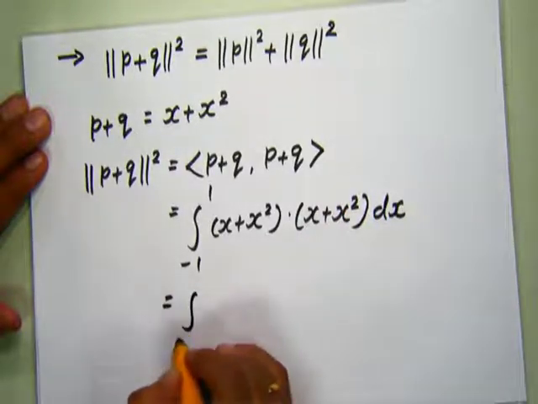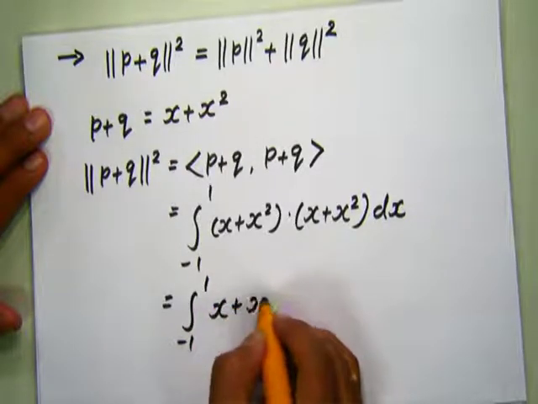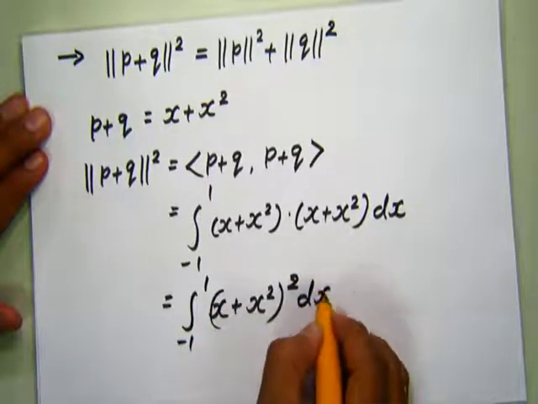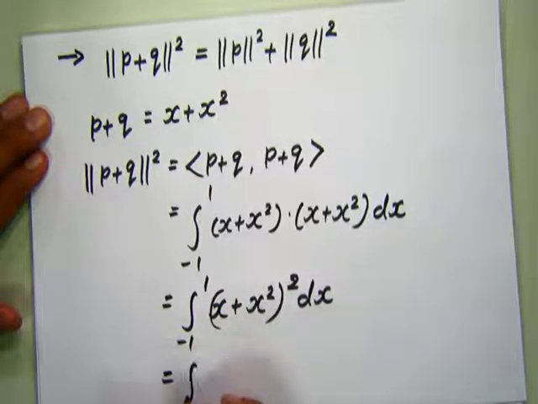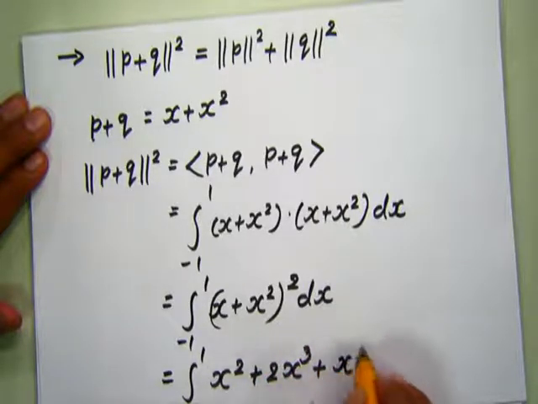So it is the integral from minus 1 to 1 of (x plus x square) whole square dx. Simplifying this using the formula (a plus b) whole square equals a square plus 2ab, we get x square plus 2x cube plus x raised to 4 dx.